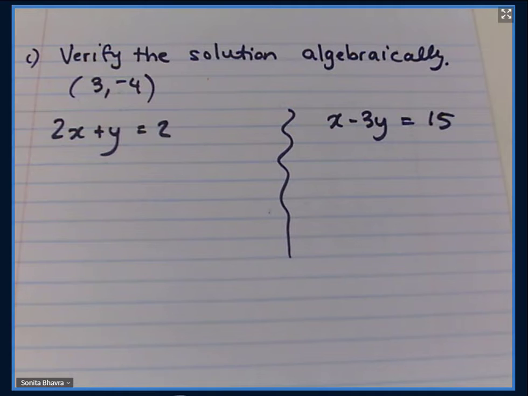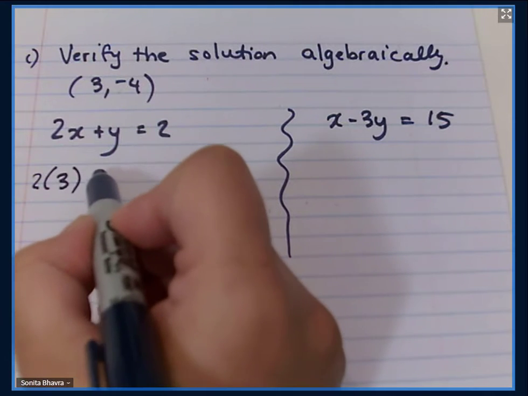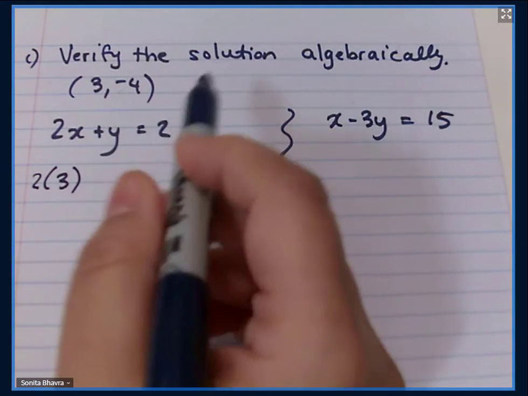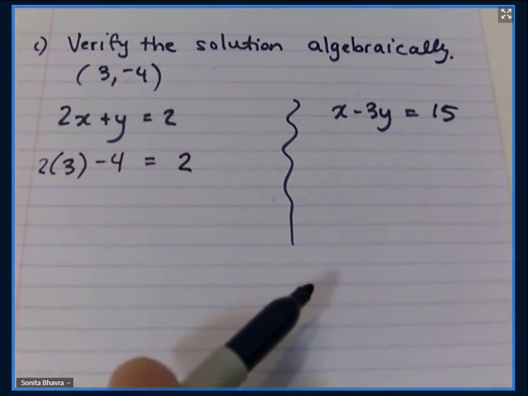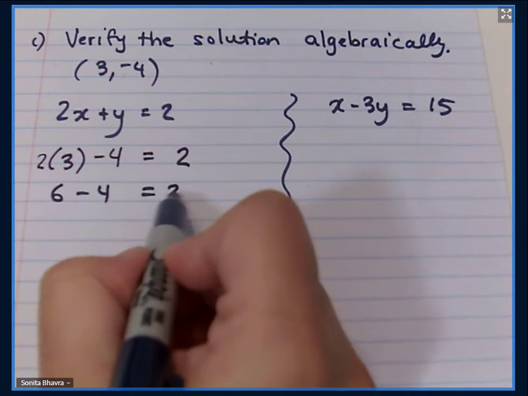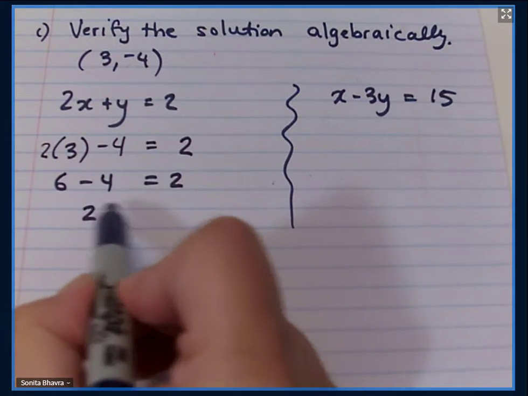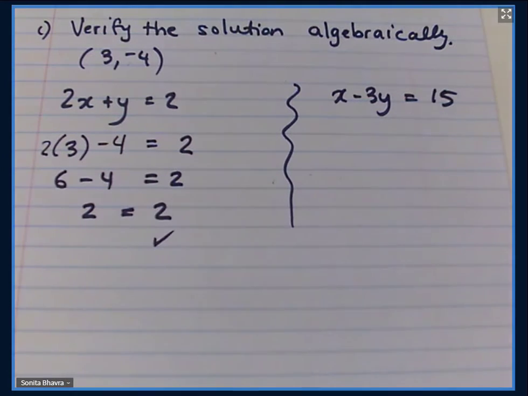If it does, then it's verified. All right, so here we end up with 2 times 3 plus -4, or just -4, has to equal 2. 2 times 3 is 6, -4, 2. 6 minus 4 does equal 2. Left-hand side equals right-hand side, so it's verified for our first equation.